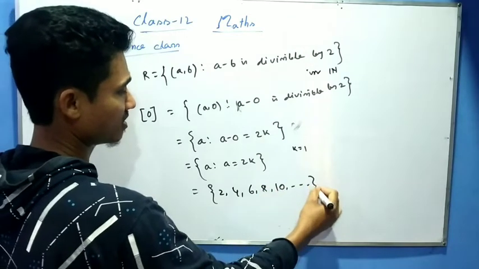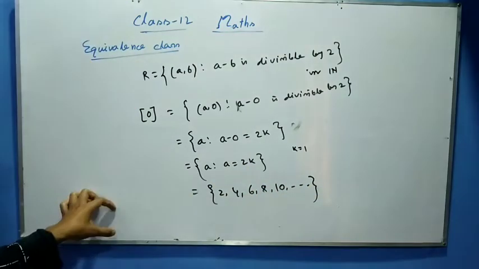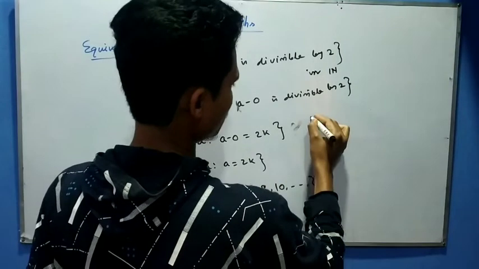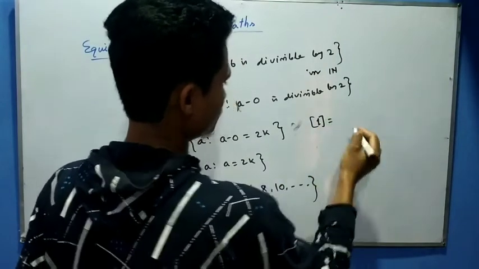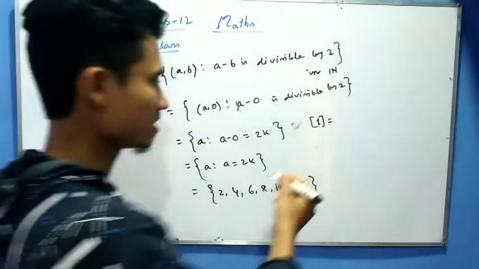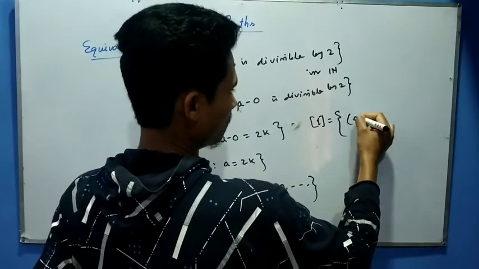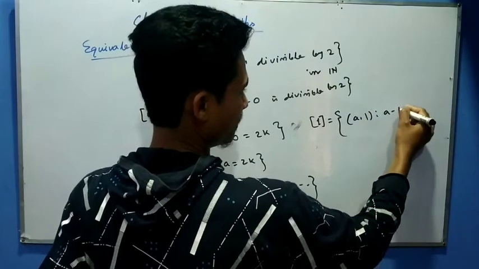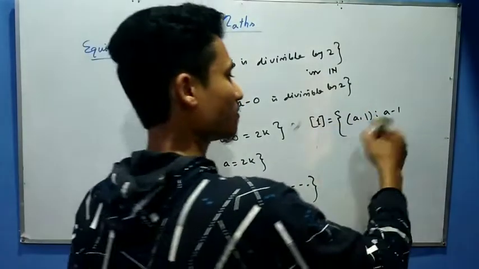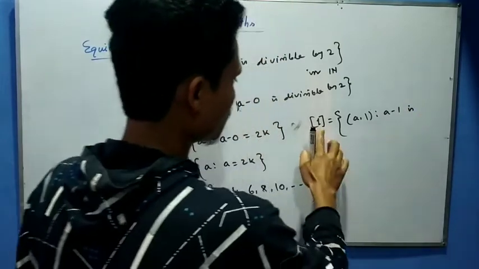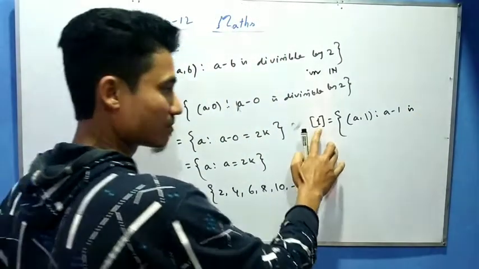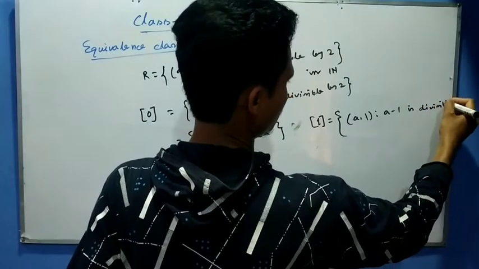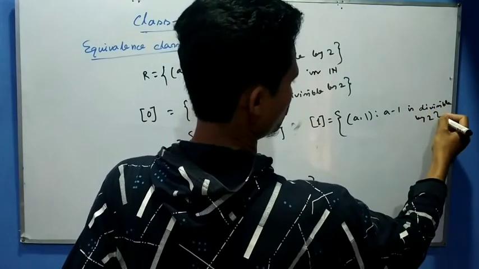We know these are the even numbers, all even numbers. Then let us try to find the equivalence class of 1. What is the equivalence class of 1? We know the set of a such that a minus 1, where we have to replace the value of b by 1, is divisible by 2.